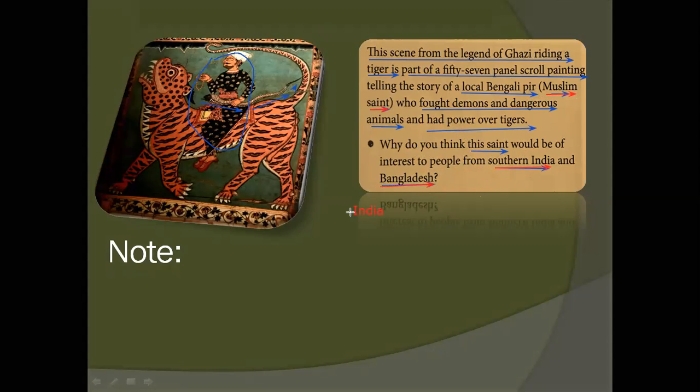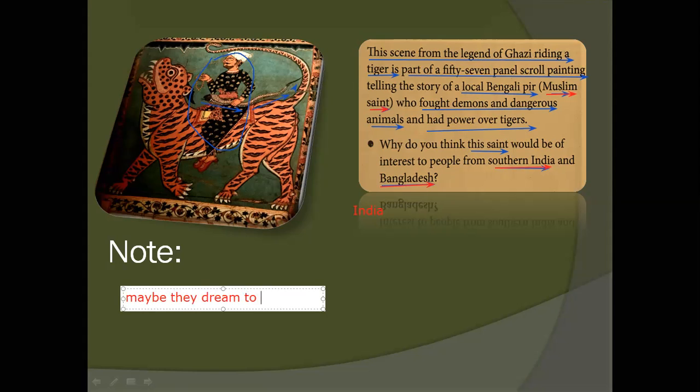Why do you think that is? Because they love to do these things. Love to do what? These things like riding tigers. Or maybe they dream to ride a tiger.